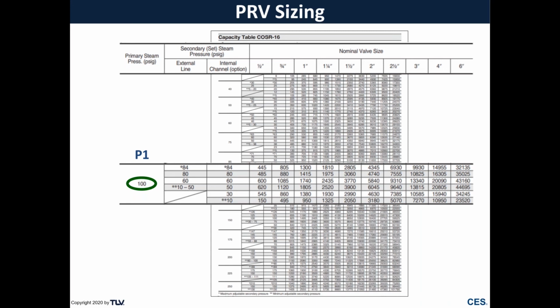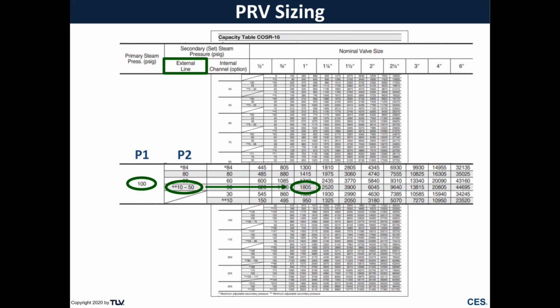So for a P1 of 100 psi and using external sensing, a P2 of 30 psi, we need to read across the available capacities until we find one that meets or exceeds our maximum steam flow rate of 1,500 pounds an hour. Did you find it?